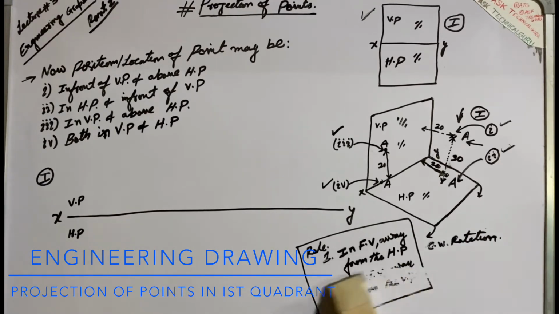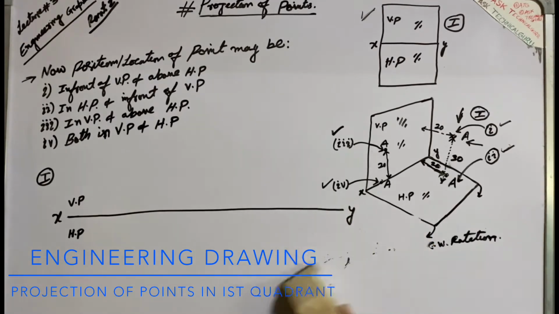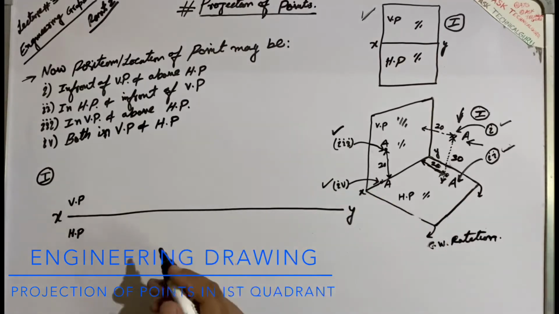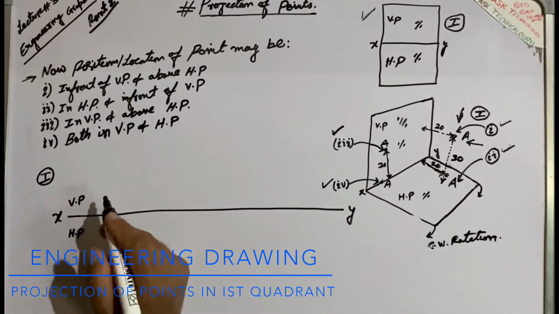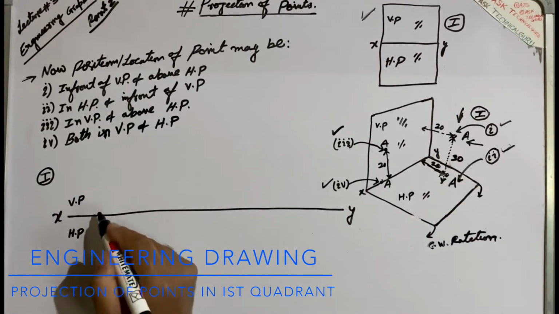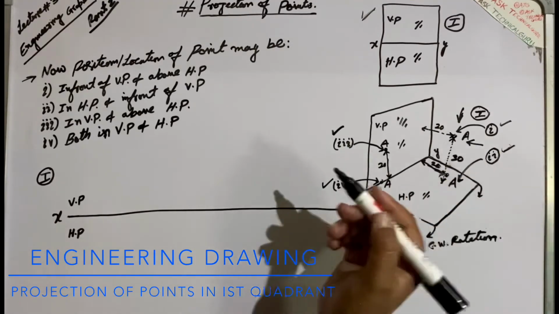Okay, let's rub this. Now, as per these two rules, in front view of this point A we will be able to see how much it is away from the horizontal plane.